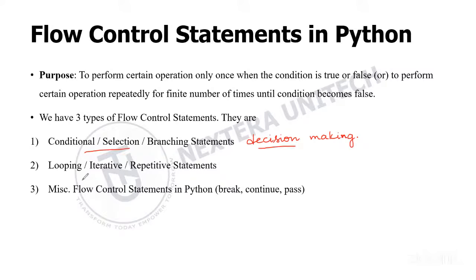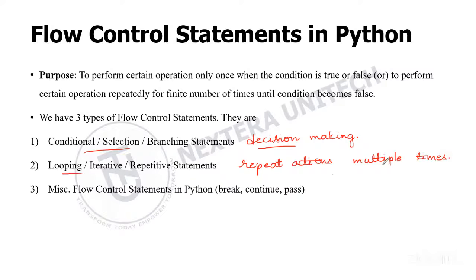And then coming to looping, iterative or repetitive statements, they are used to repeat actions multiple times. If you want to repeat some action multiple times, rather than writing it that many times, you can just use a looping statement.